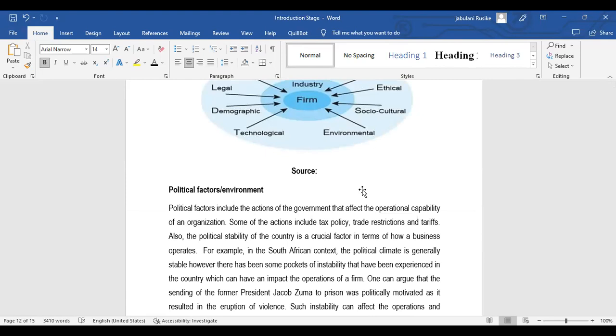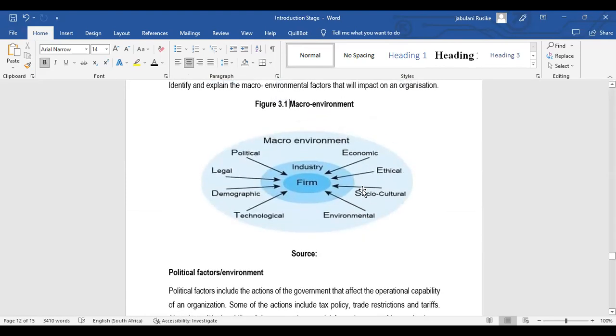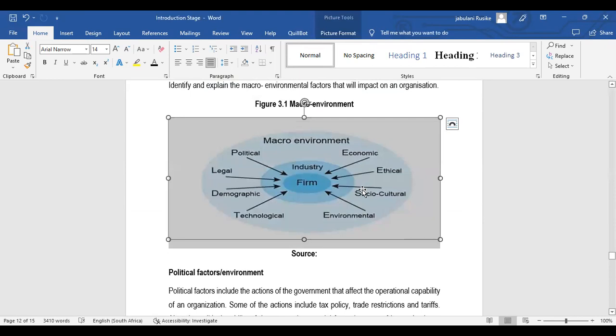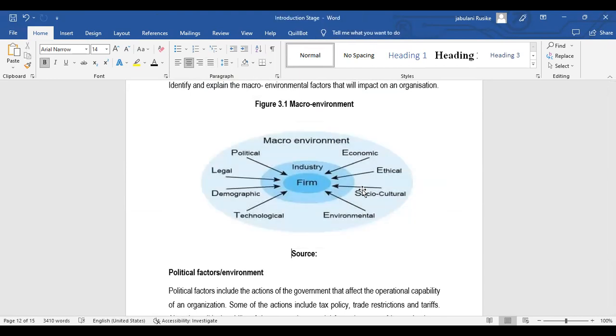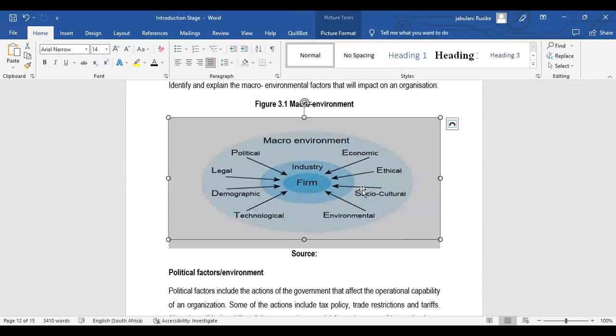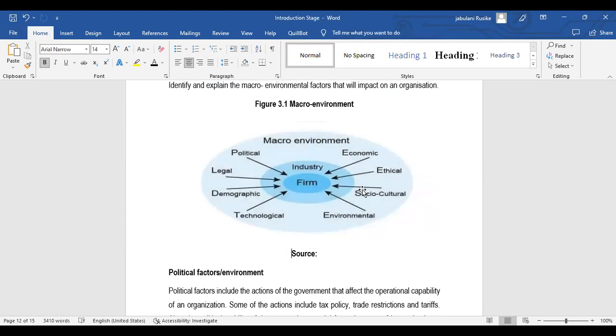This one is not in the study guide, though. I think I took it from the internet. It's not compulsory for you to have the diagram, but it's a nice thing, it adds to your presentation. So it can earn you maybe 2 marks somewhere. If there is a diagram, I advise you to include the diagrams. If you can have the diagrams, please put them there.